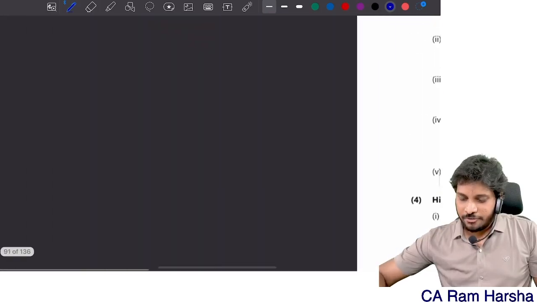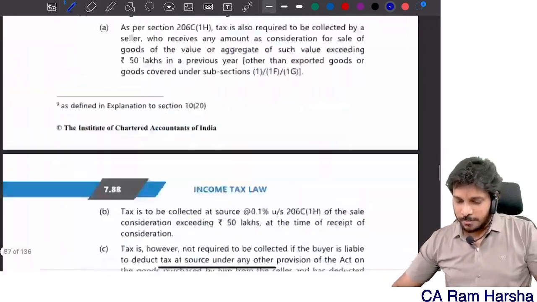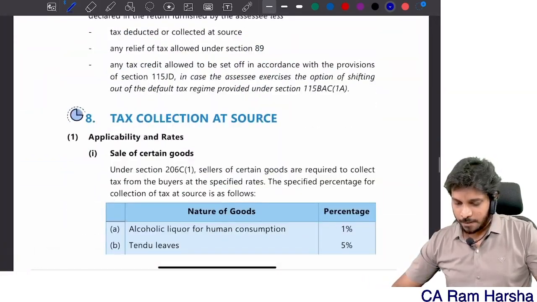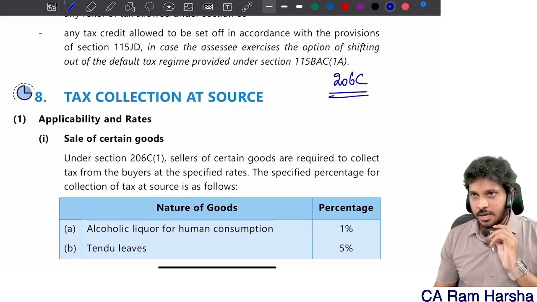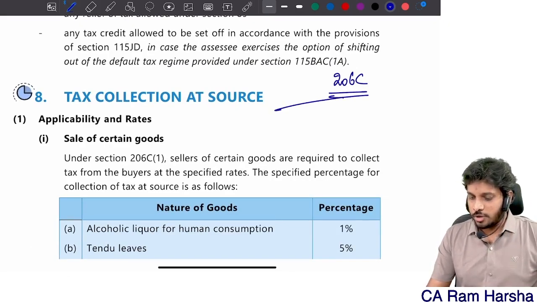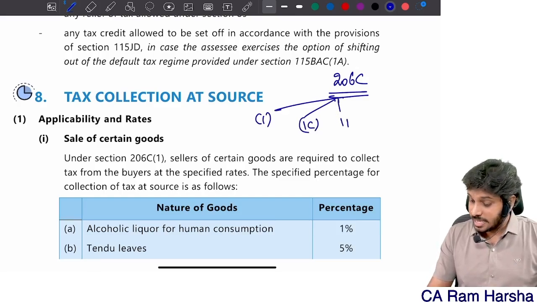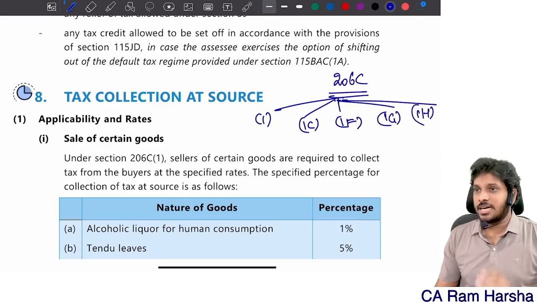We have totally 5 TCS sections. So what are the TCS sections? We have 206C dealing with the TCS. We have totally subsections 1, 1C, 1F, 1G, 1H. Correct?